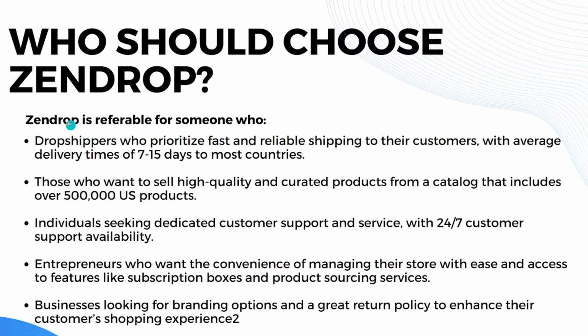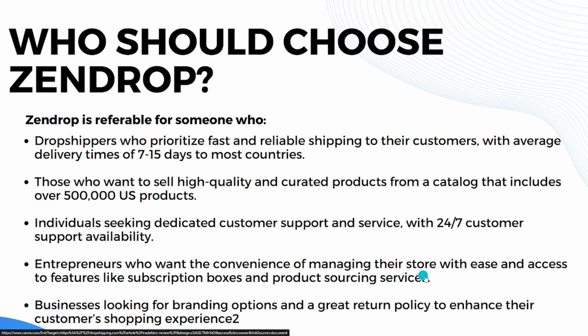Zendrop is preferable for dropshippers who prioritize fast and reliable shipping to their customers, with average delivery times of 7 to 15 days to most countries. For those who want to sell high quality and curated products from a catalog that includes over 500,000 US products. For individuals seeking dedicated customer support with 24/7 availability.